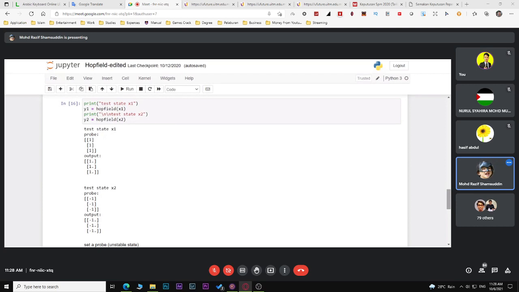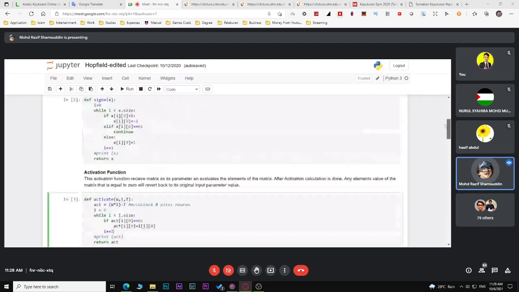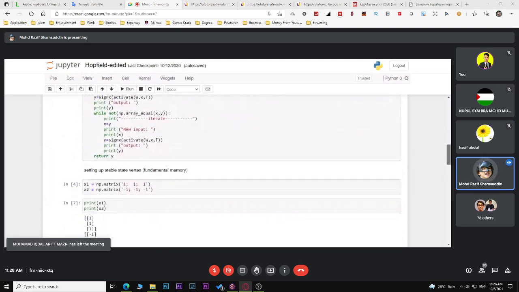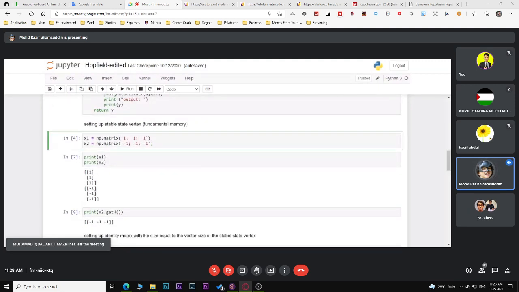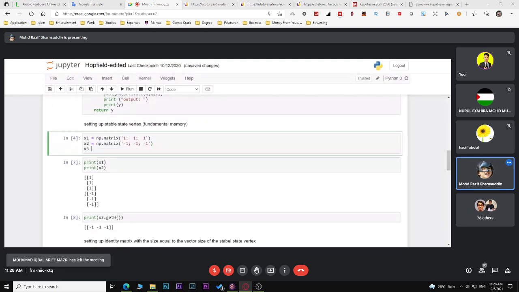Kalau you tengok nota, kalau you ada nota printed dengan you, kalau you tengok page 195, dia punya possible state dia ada 3 kan. So kita ubah kod kita ni. So tambah lagi satu, X3. And saya copy ni.